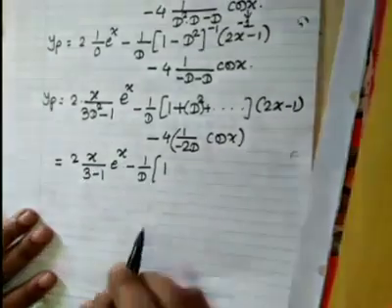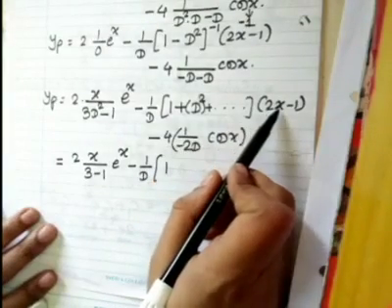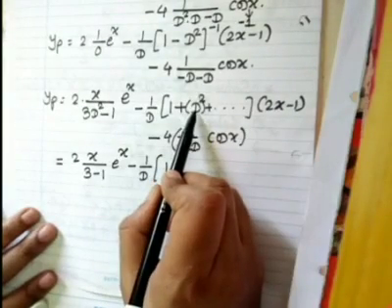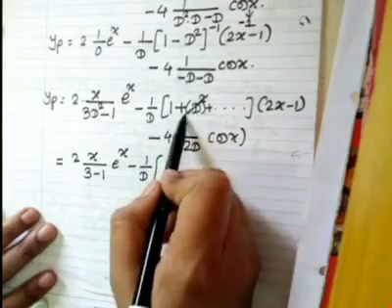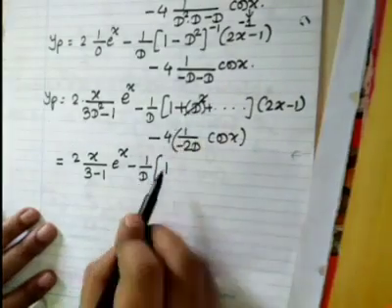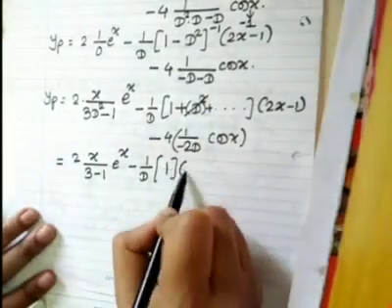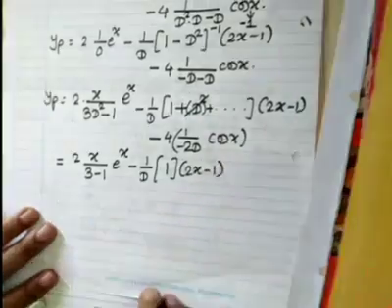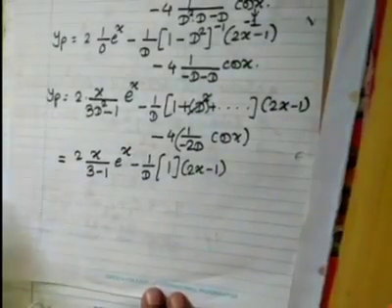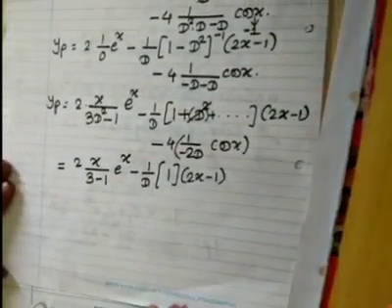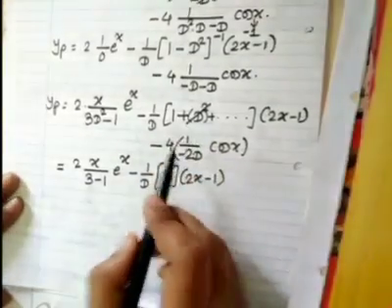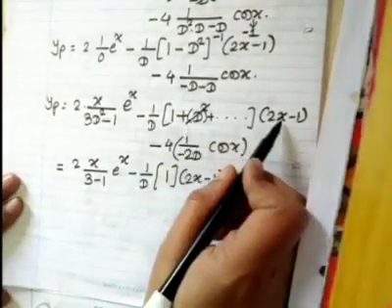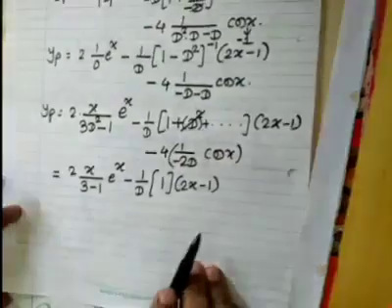What will cancel? It is x and it is d square. So d square will not be there. So only 1 is there into 2x minus 1. Am I right? Yes, ma'am. As it is d square and as it is x only, d square on x is 0.